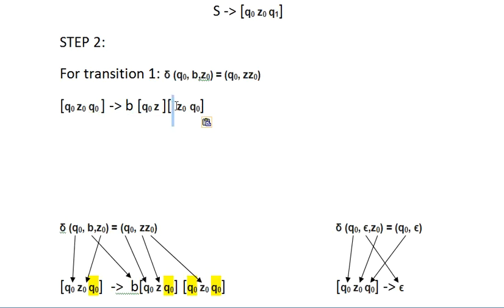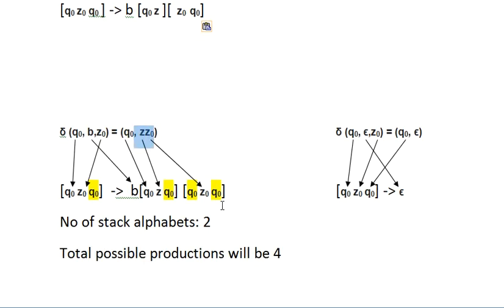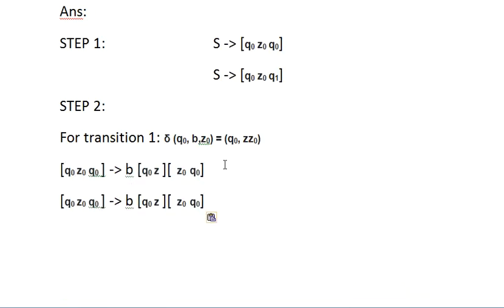Now we are left with this position and this position. Clear? Now you have to keep in mind that I will write down these two positions later on, but as I have told you that 2 alphabets are there, so how many productions will be there? 4 productions will be there. So let me copy this and bring it out with the next one. I will have the same one, again the same one.